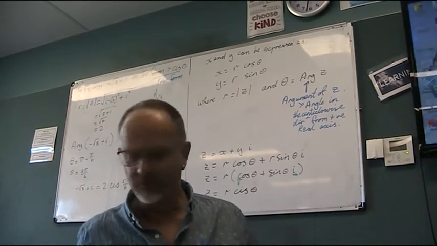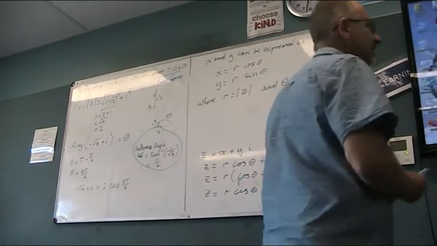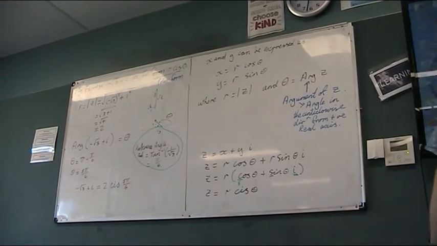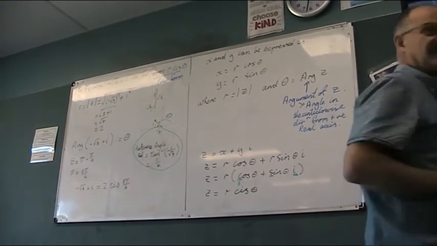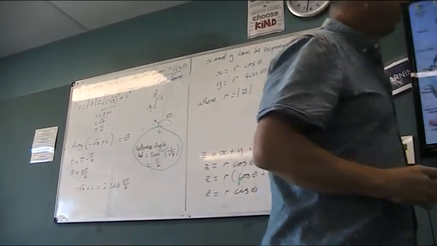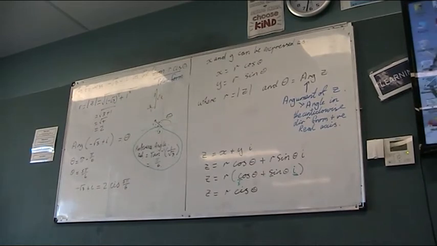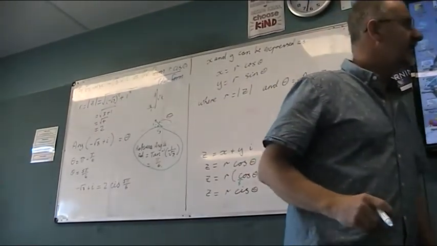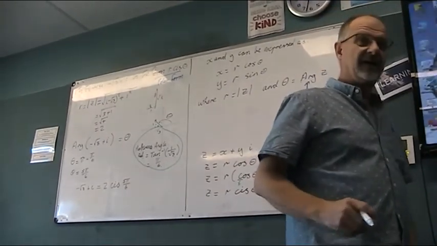So let us think about the bits that we want in this weird answer. From what we've just done over here, the 2 here, that's our magnitude, and they've got pi times 5 over 6, that's our argument part.